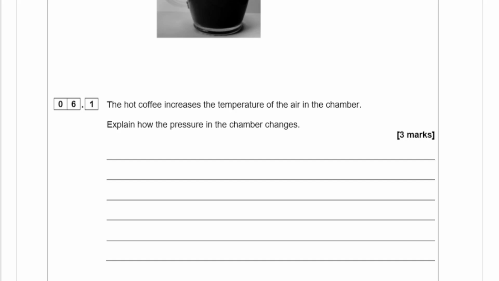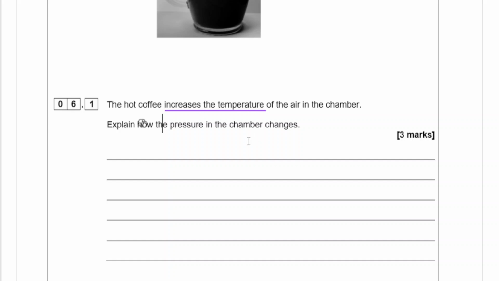Now, if the temperature increases, the pressure should increase. That should give you a mark. The reason is the air particles will move faster.